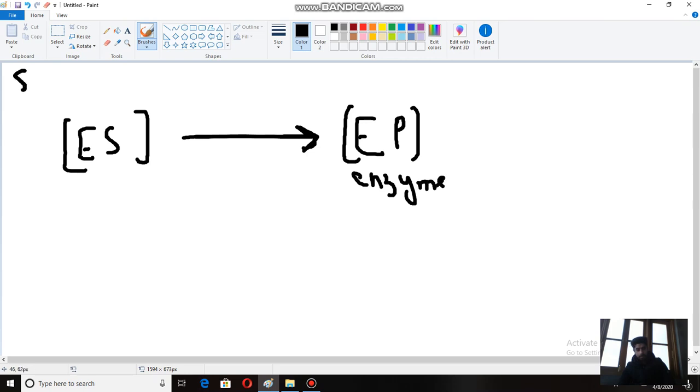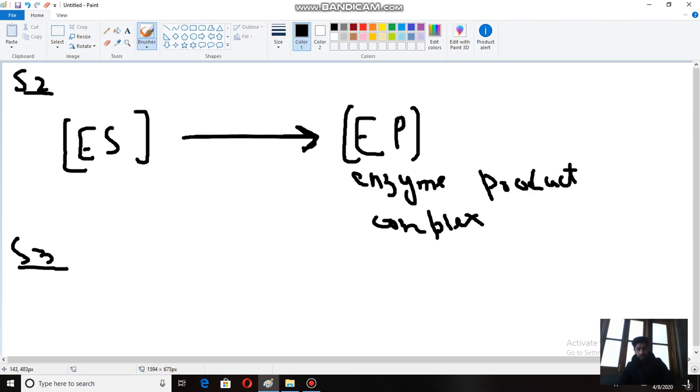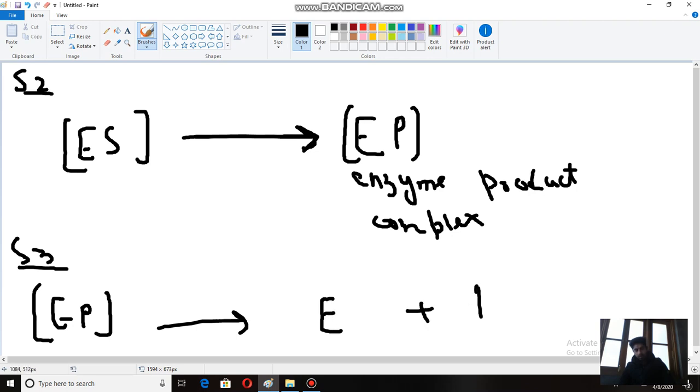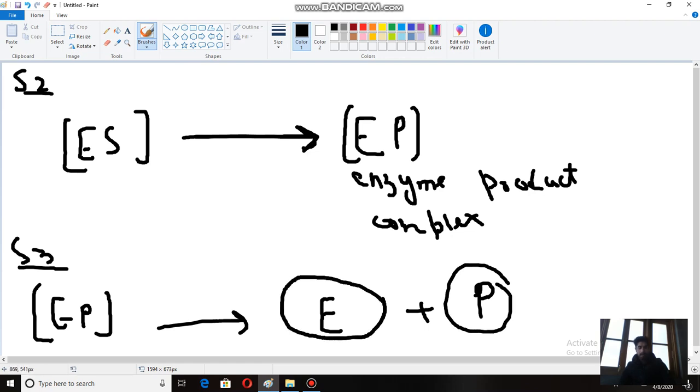This is step number 2, enzyme product complex. And in step number 3, this enzyme product complex gets decomposed into enzyme and products. We get our products and this enzyme is recovered back.